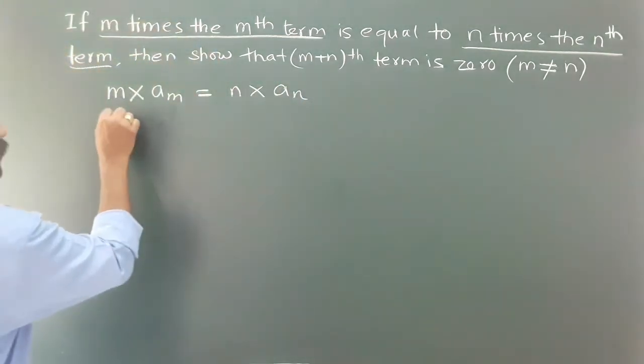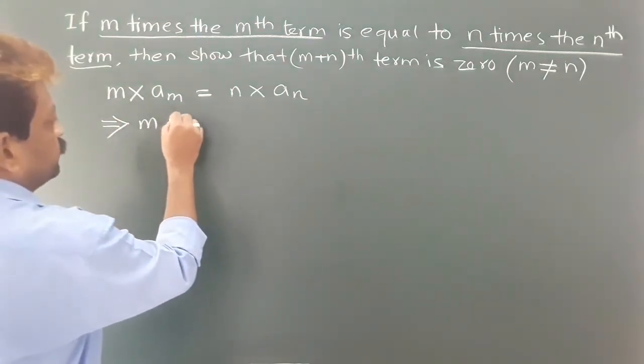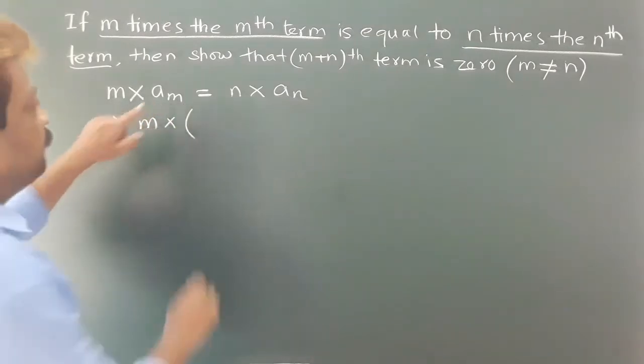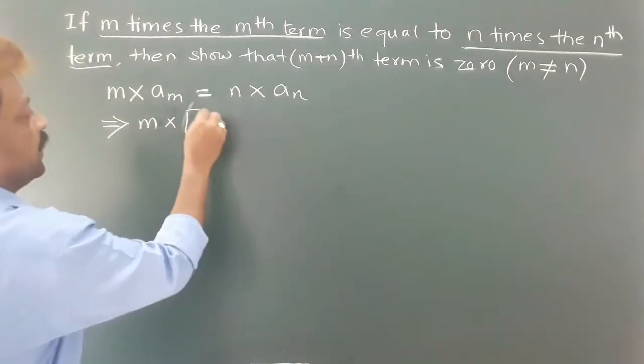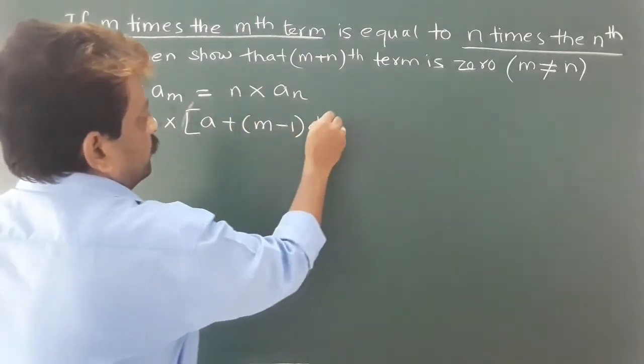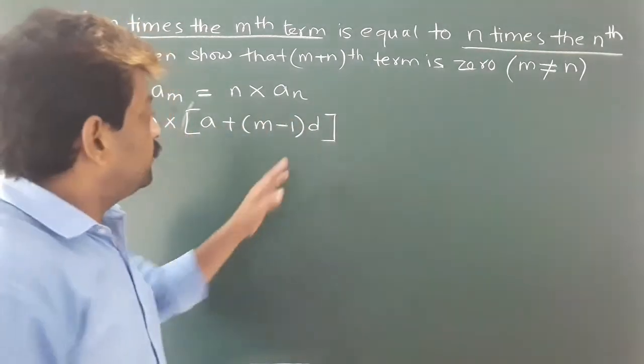Now let us put the general values which we used to take for a_m. What is a_m? a_m equals a plus (m minus 1)d, the general form of an AP.